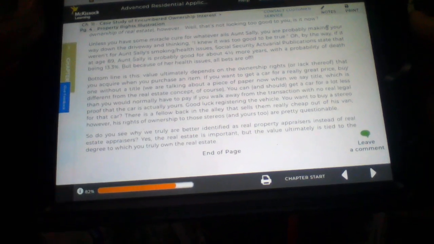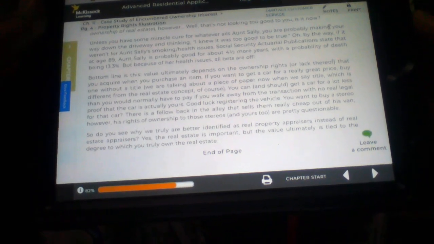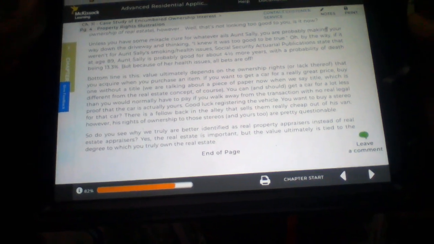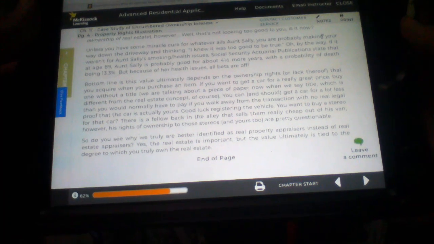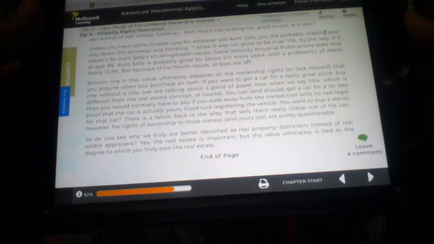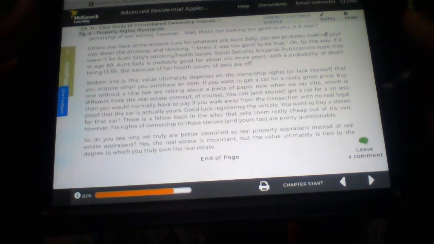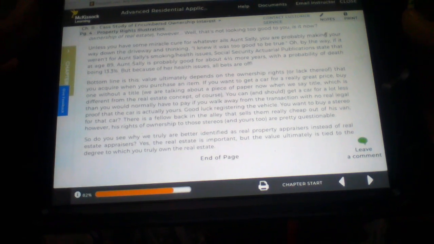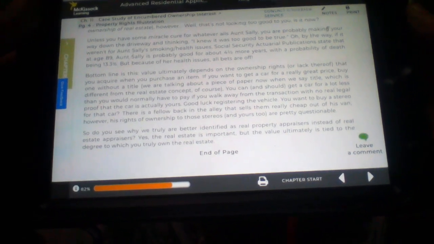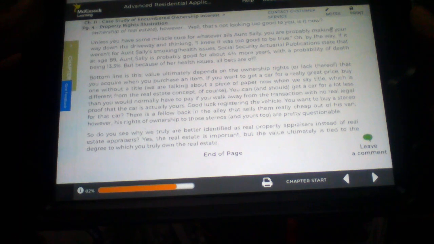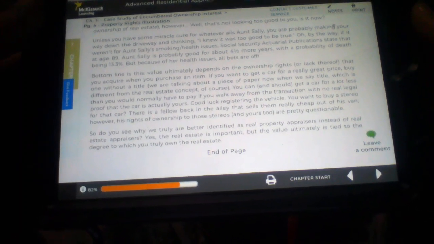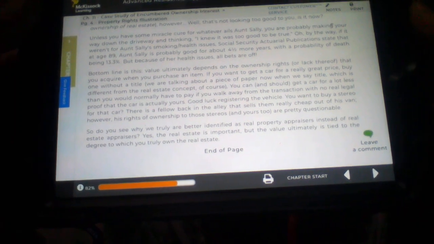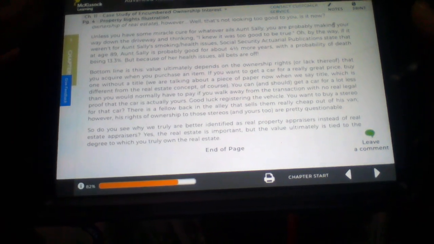We are talking about a piece of paper now when we say title, which is different from the real estate concept, of course. You can and should get a car for a lot less than you would normally have to pay if you walk away from the transaction with no real legal proof that the car is actually yours. Good luck registering the vehicle.